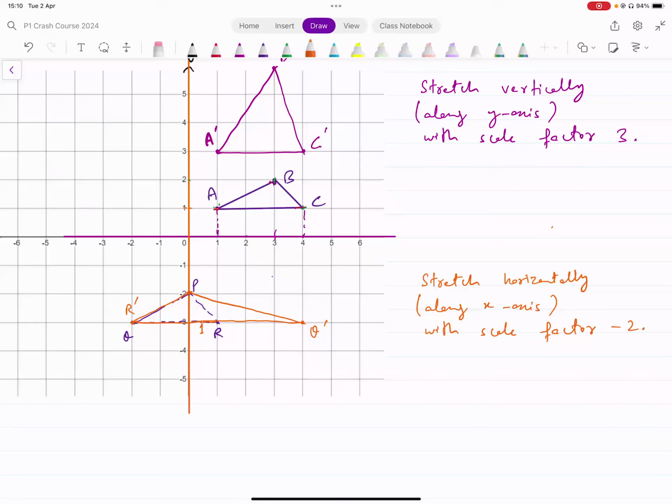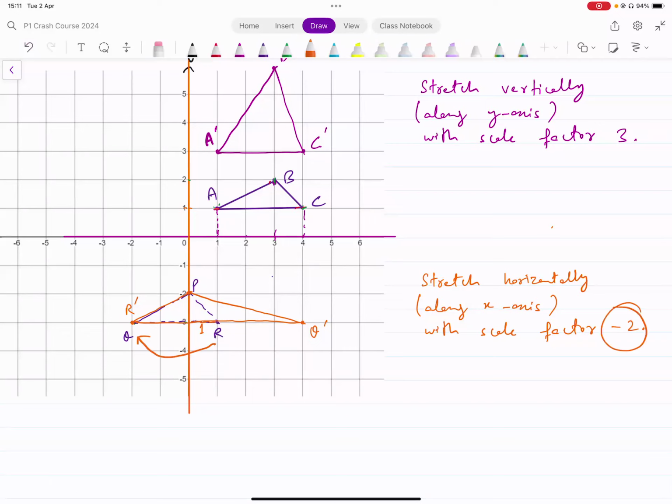Repeat what? R. Repeat R? Okay. Okay, so R was initially here, right? It was 1 unit on the right side. Where does it go after the stretch? It's 1 unit on the right. The scale factor is -2.